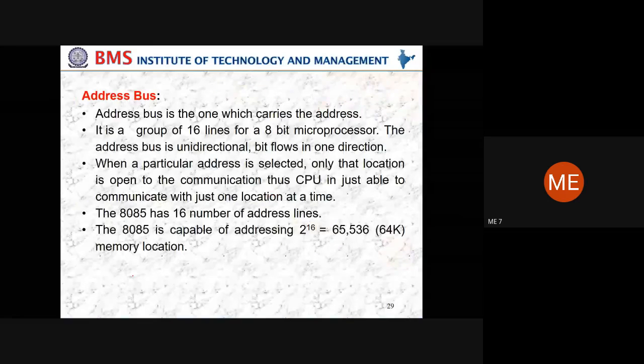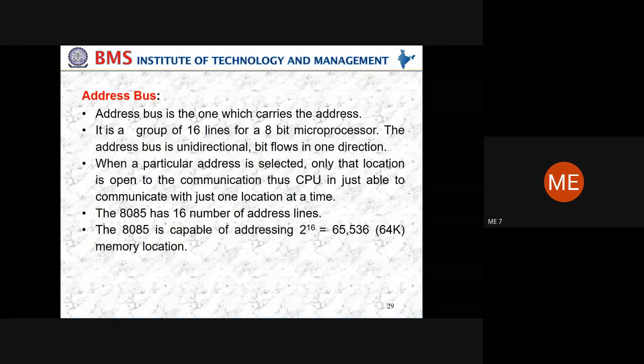On the contrary, we have the address bus, which carries the address. Address is a unique number. In an 8-bit microprocessor, that is the 8085 microprocessor, we have 16 lines, AD0 to AD15, as the address lines.